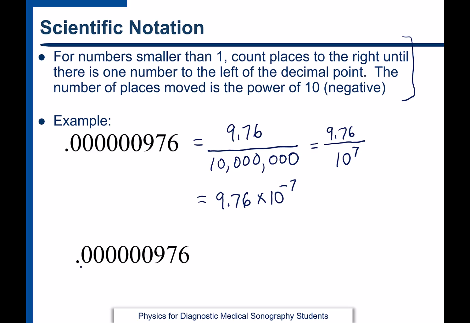So notice here, I just count how many places I moved the decimal. 1, 2, 3, 4, 5, 6, 7. But since I moved it to the right, that would be 9.76 times 10 to the negative 7. And so you'll notice that we can quickly get to the correct form of scientific notation if we use this rule.